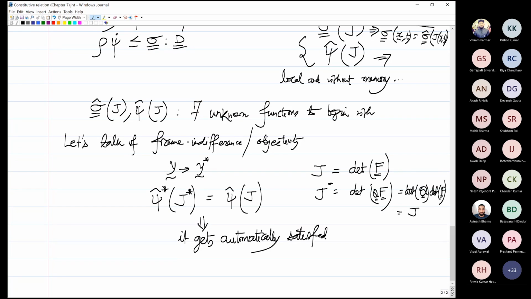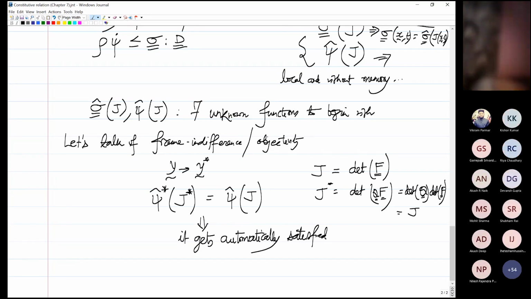The fact that psi hat depends just on J satisfies the principle of frame indifference or objectivity. So for psi hat, it does not put any restriction.